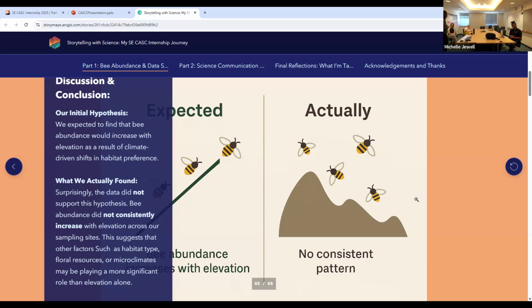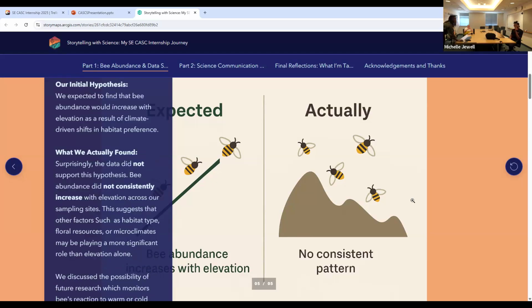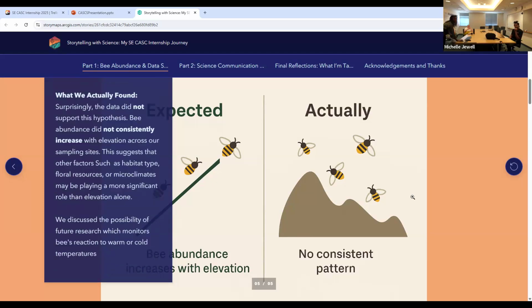I know in one of the papers that we were looking at for our lit review, we found that the change in temperatures kind of impact the schedule for a lot of the blooms for a lot of the flowers that pollinators tend to feed from. So that could also be an influence as to why.